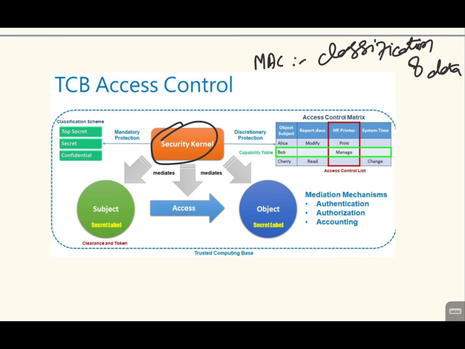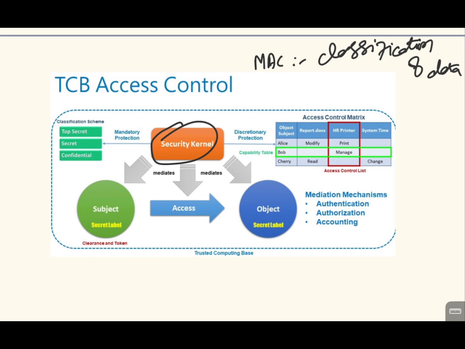For example, we can classify subject and object with labels, for instance, secret, confidential, top secret, based on the data, resource, or user criticality, right? So based on that, we can enforce security policy and we can place the labels, right?